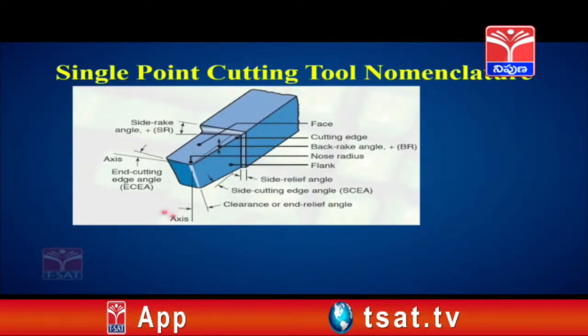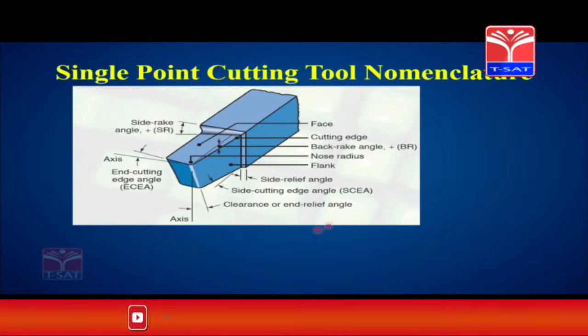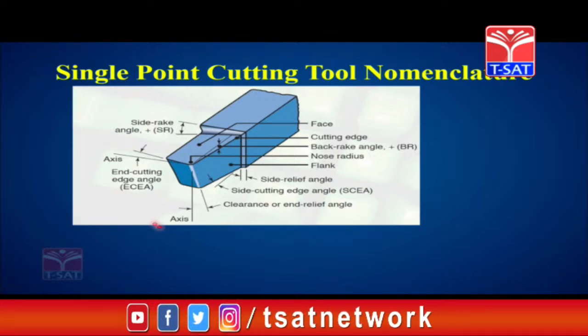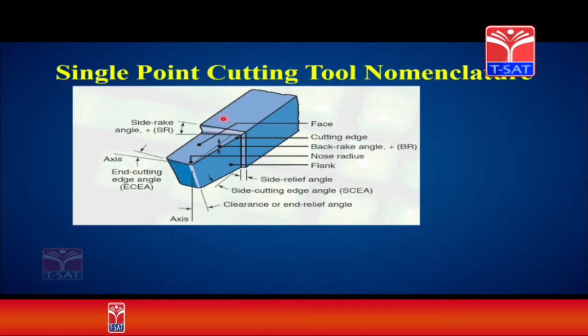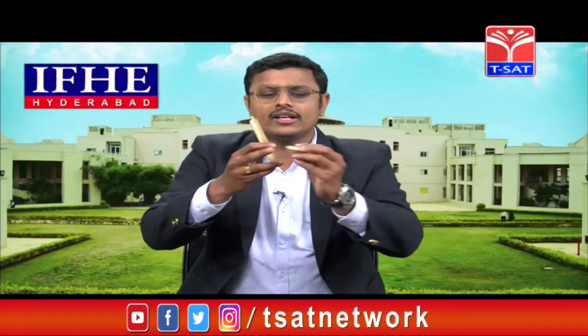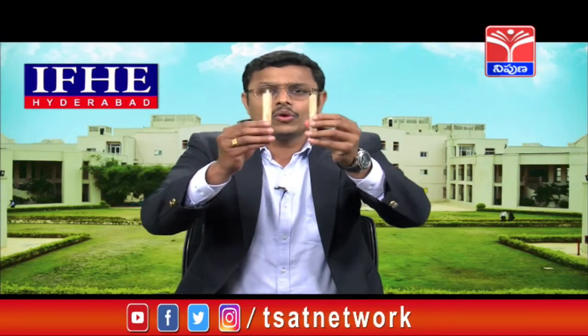Now, you can see I have shown here different parts of the lathe. If you take a single point cutting tool, that is enough, and you should have an idea of tool signature or tool nomenclature. What is side rake angle, back rake angle, end cutting edge angle, phase, you should have an idea of all these, so that if you take one tool, you can grind it based on your requirement.